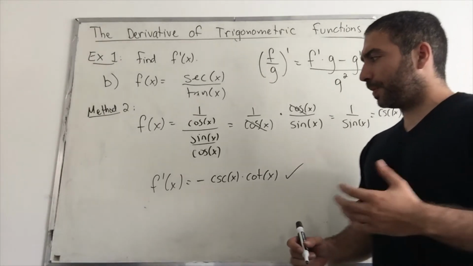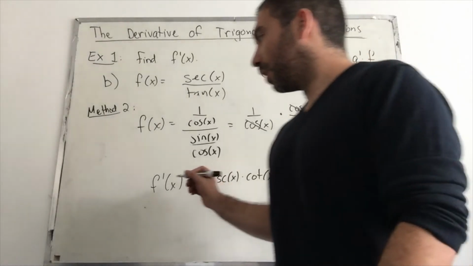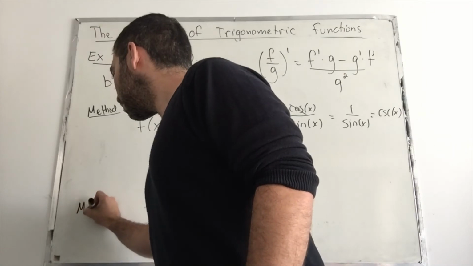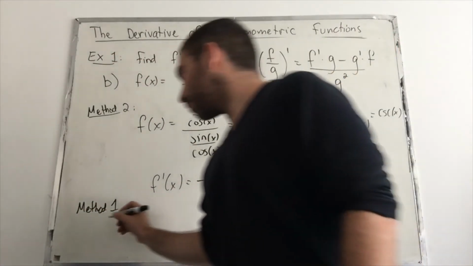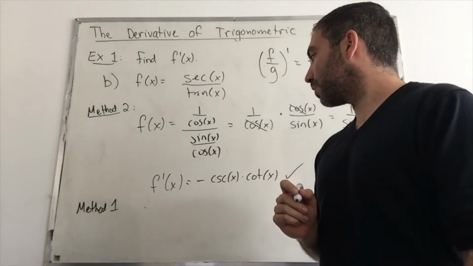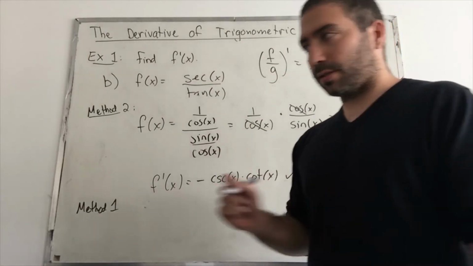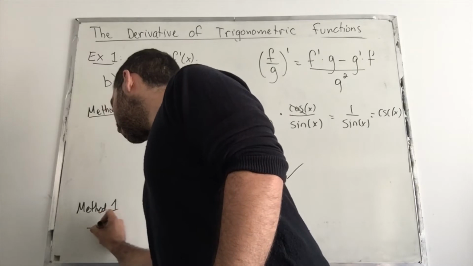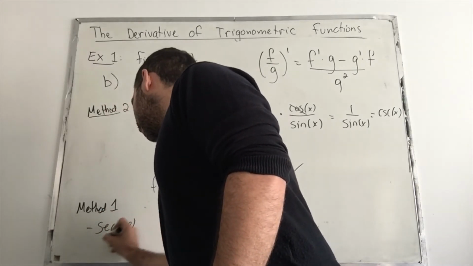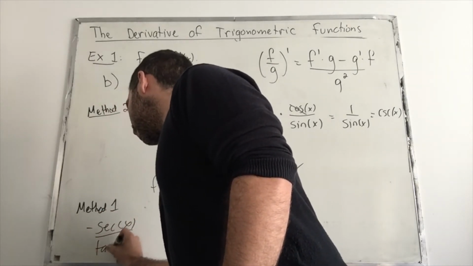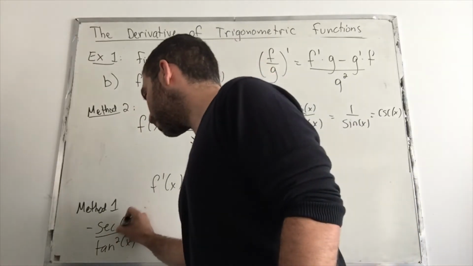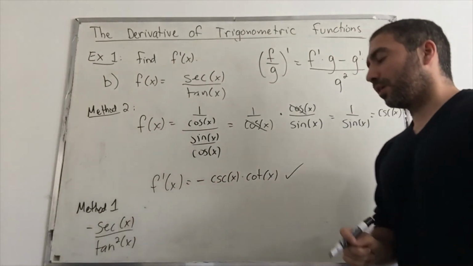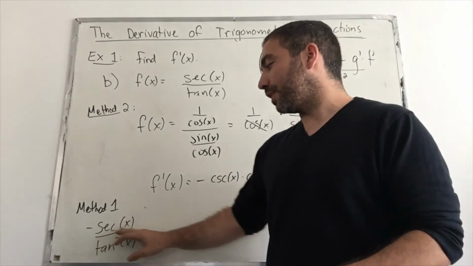So let me just be a bit more precise and convincing. The answer that we got for method 1 was f prime of x equals negative secant over tan squared.